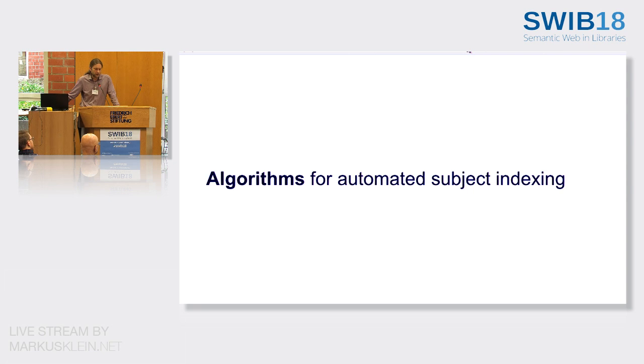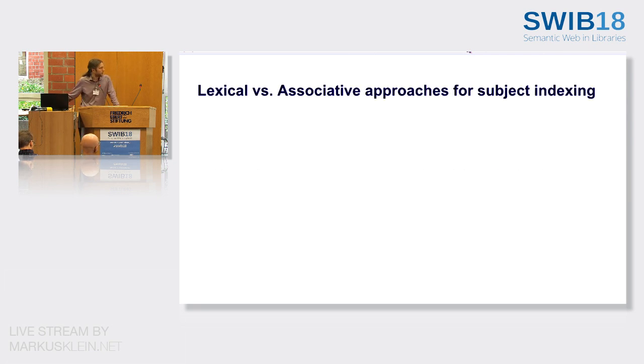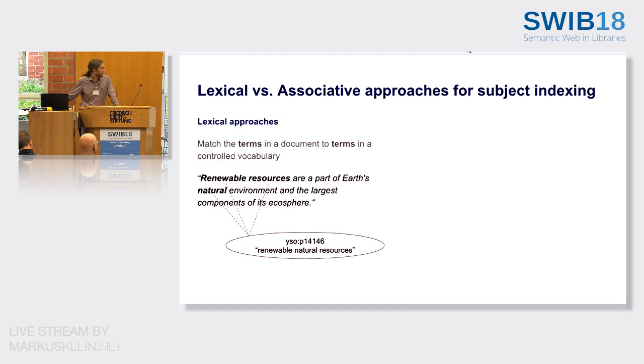About the algorithms: when you want to do automated subject indexing, there are 2 main approaches, lexical and associative methods. The general idea of a lexical method is that you take in text and match terms within the text with terms in your vocabulary.